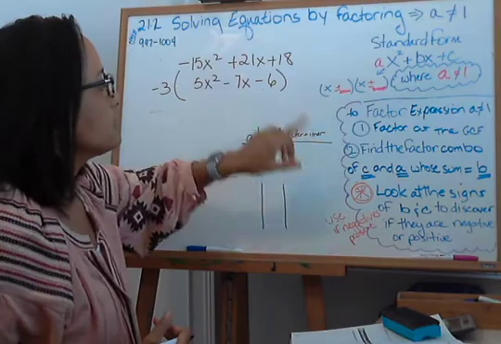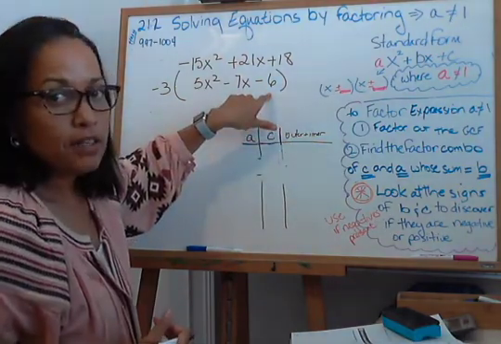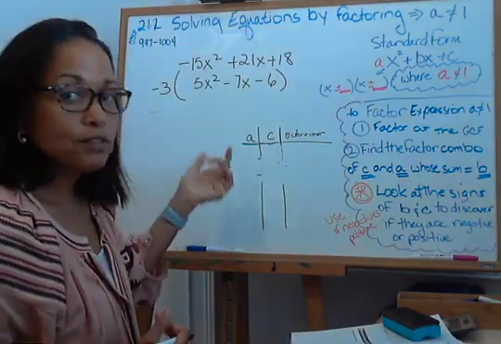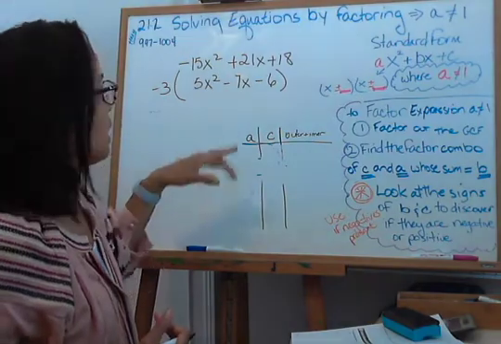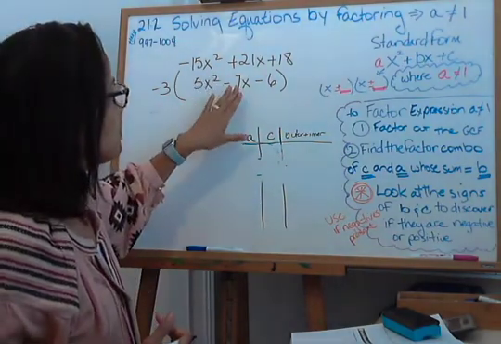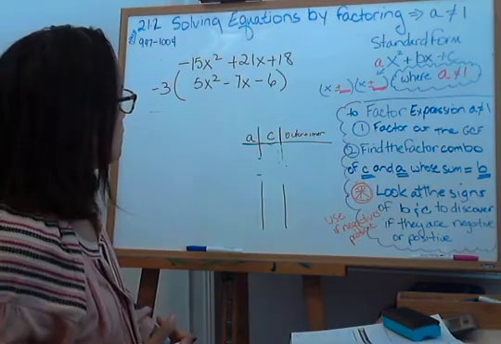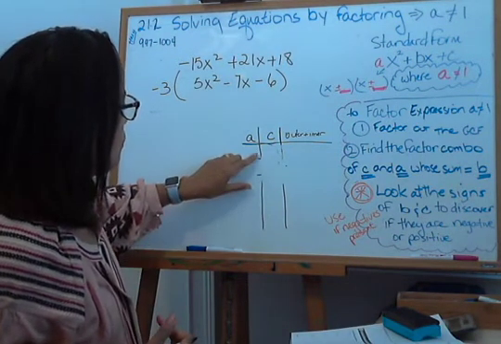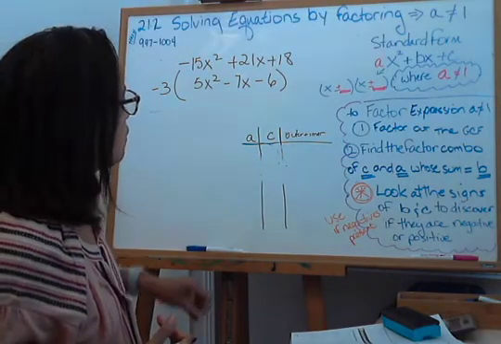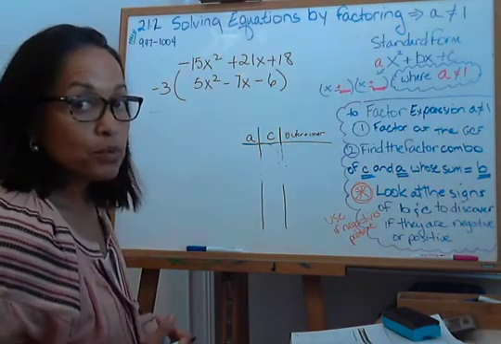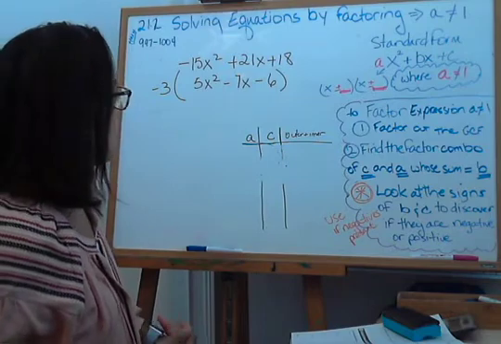If I look at the signs, C being negative tells me that one was positive and one was negative. And B being negative tells me that if one was positive and one was negative, the negative number was larger. So let's see if that helps me out.